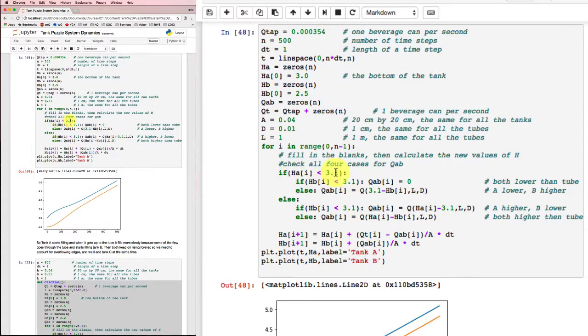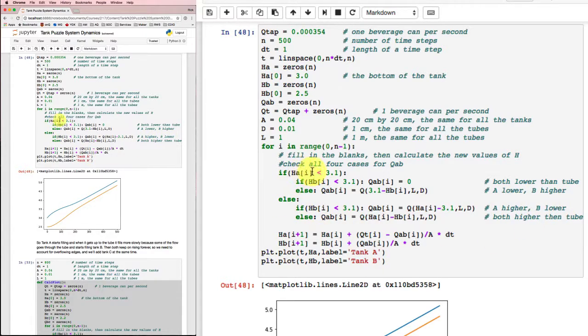If the height of A is greater than or equal to 3.1, then if the height of B is less than the tube height of 3.1, then the flow rate is going to be the amount that tank A is above the tube, and it'll have no effect on what the level is in tank B.